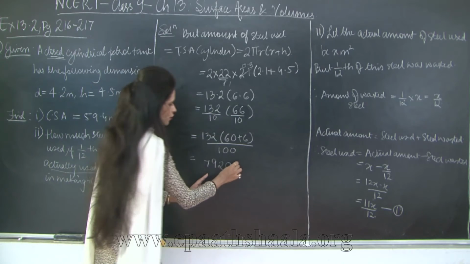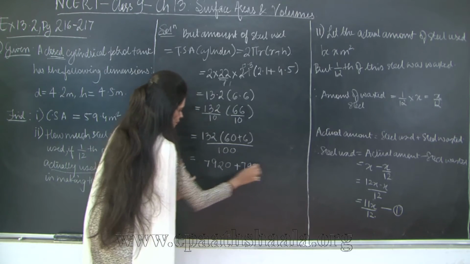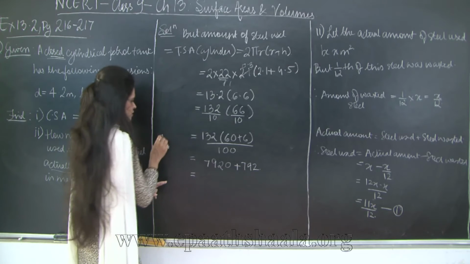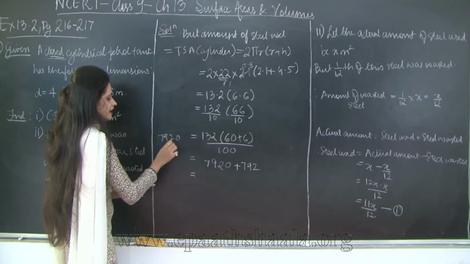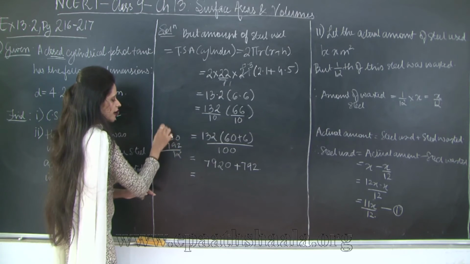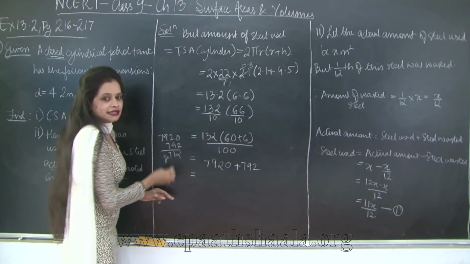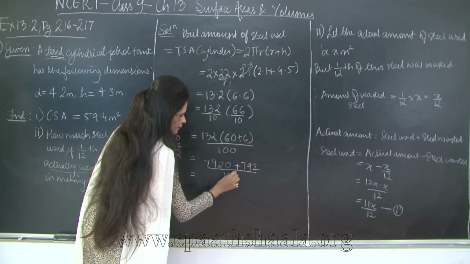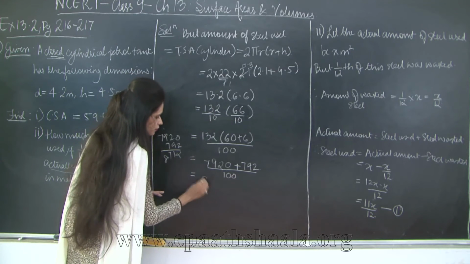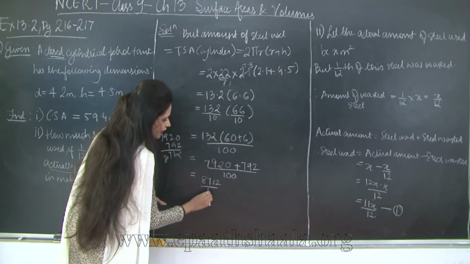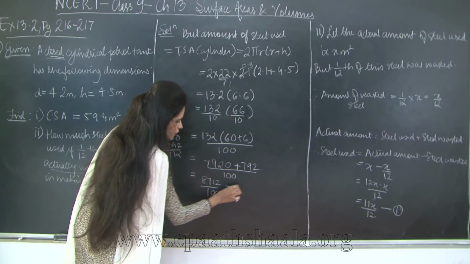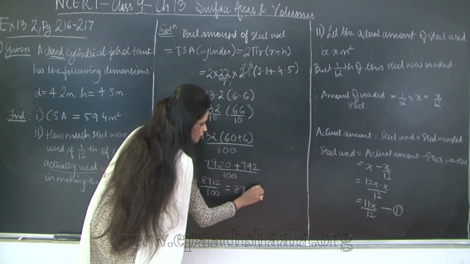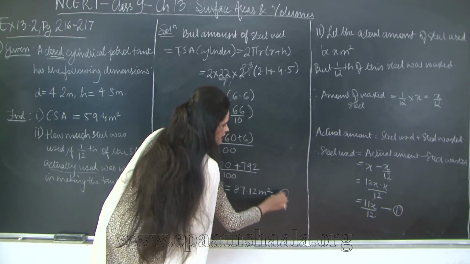So 7920 plus 792. Now 7920 plus 792 gives me 8712. So this is upon 100. So 8712 divided by 100 is equal to 87.12 meters square. Let's mark this as 2.